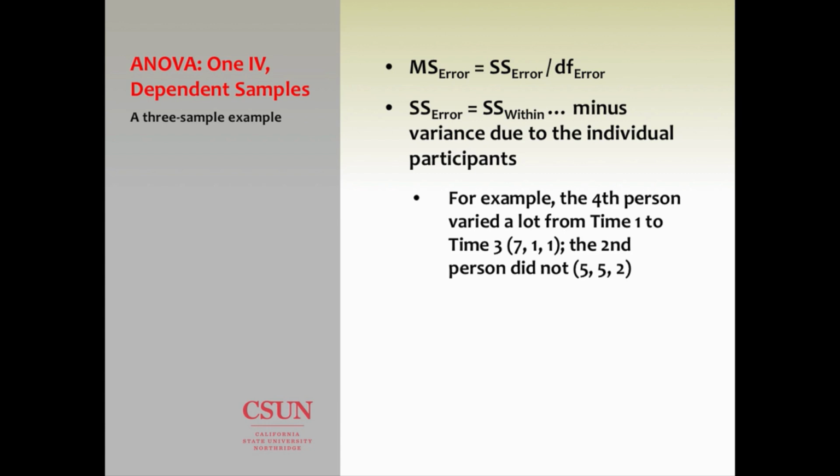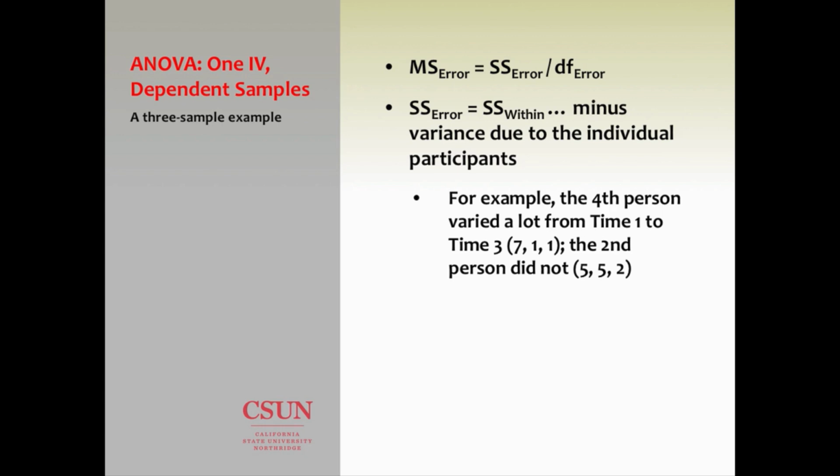The error variance is sum of squares error, followed by mean square error, which we'll see in a second. That error refers to the leftover variance after everything has been accounted for. So it's anything else random out there in the world that might be causing variation within our data.